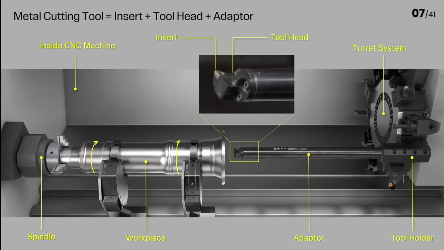And the cutting tool is an assembly, including the insert, tool head, and adapter. And this assembly is mounted on the tool holder, which is attached to the turret system of the CNC machine. And the turret system rotates to position and index the required cutting tool for the machining operation.